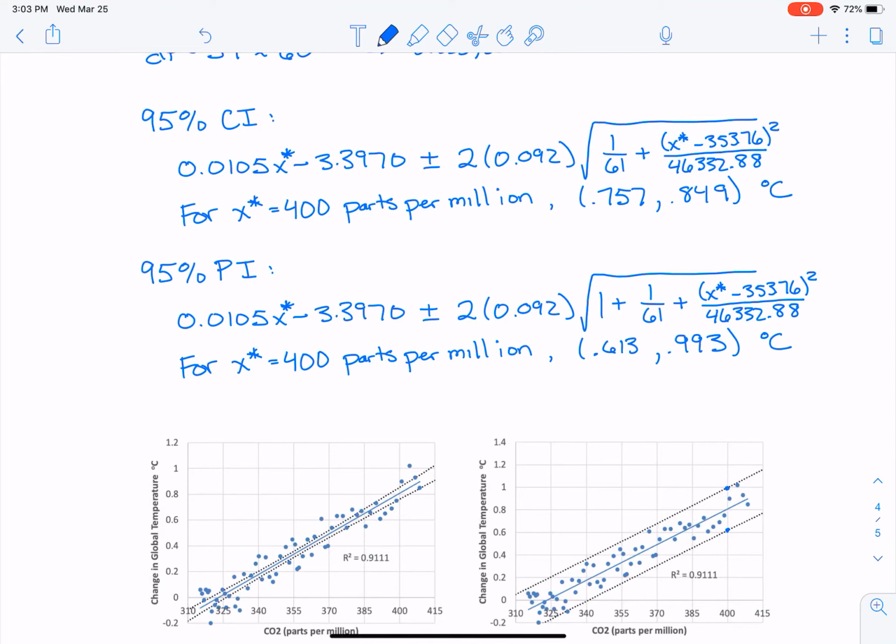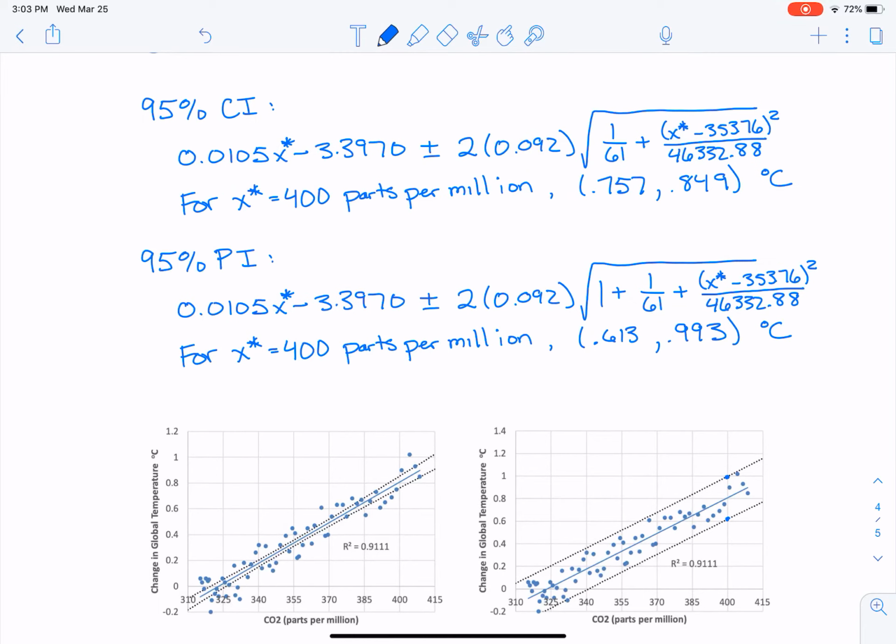So when we have 400 parts per million of CO2 in the atmosphere, we can predict that any data point that we get for the global temperature change will, with 95% probability, be between 0.613 degrees Celsius and 0.993 degrees Celsius. And that's the best interpretation for the 95% prediction interval.